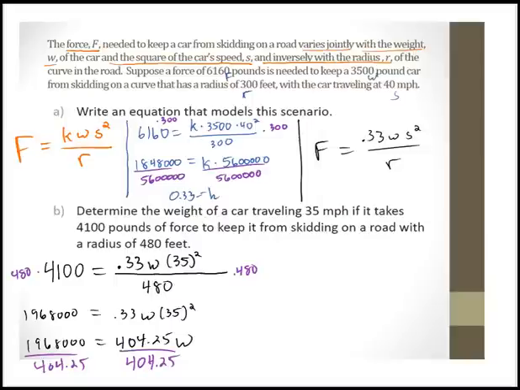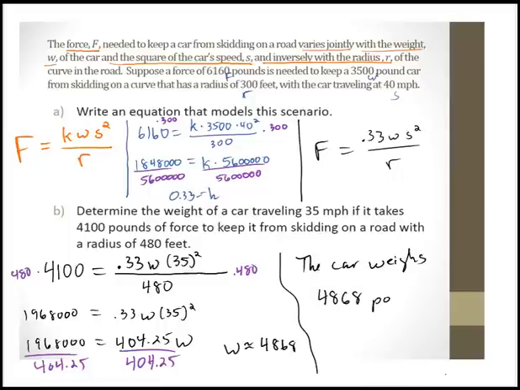So W is approximately 4,868. My conclusion, the car weighs 4,868 pounds. Alright, so that concludes this presentation on section 7.3.